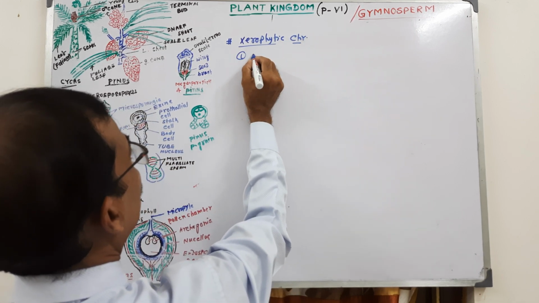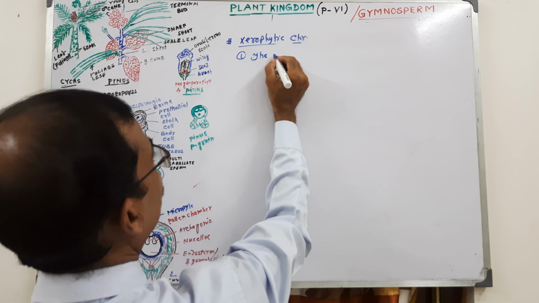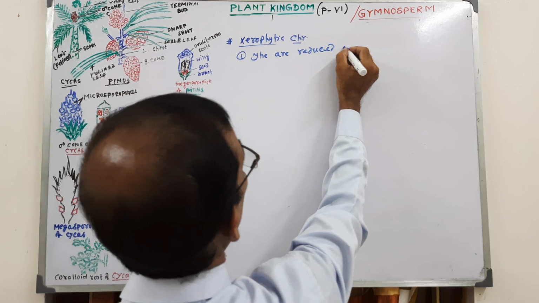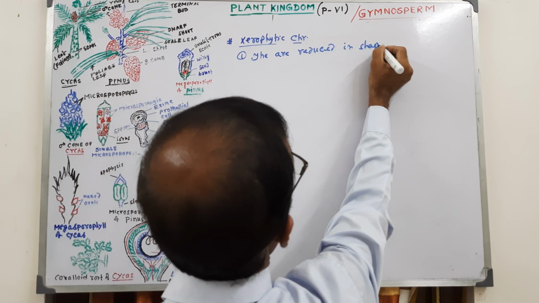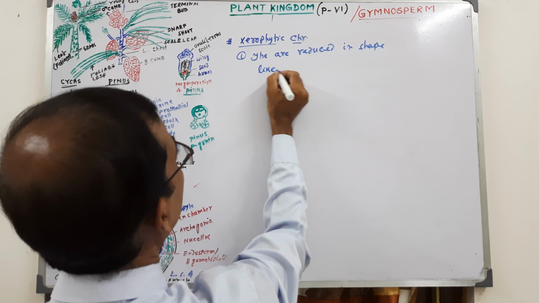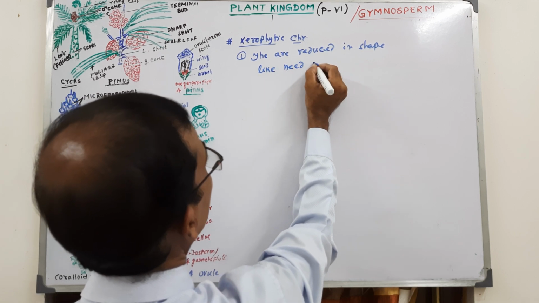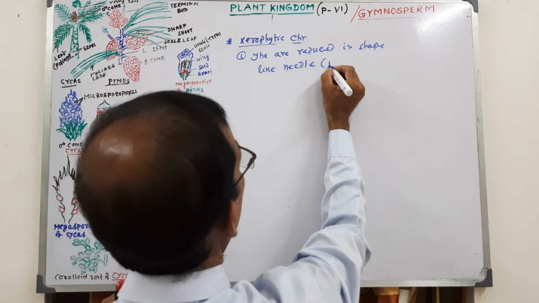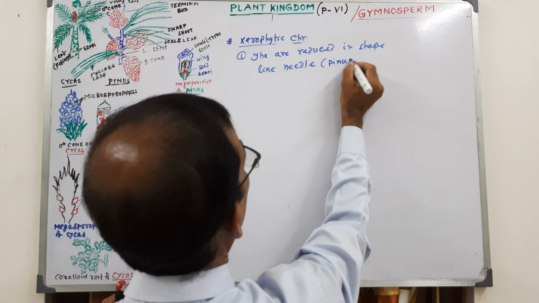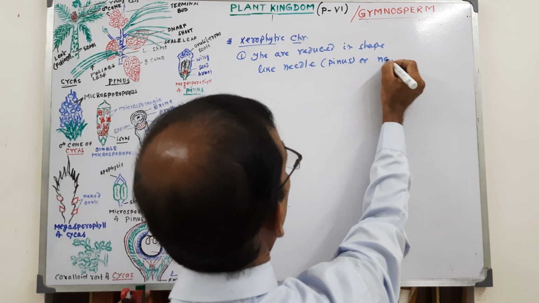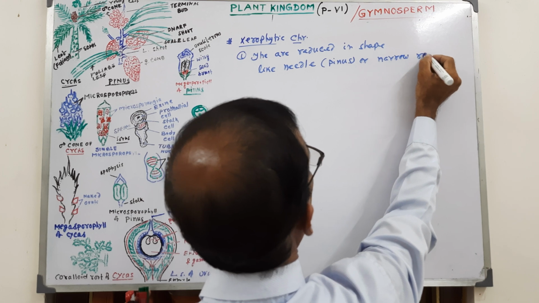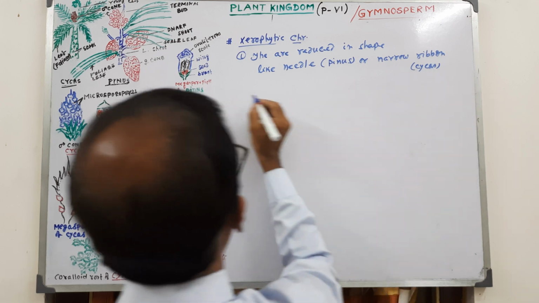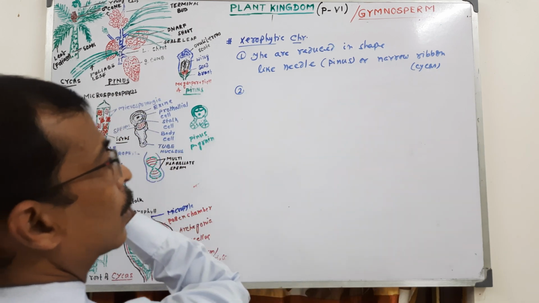Number 1, they are reduced in shape, like needle-like or acicular in case of Pinus, or narrow ribbon-like in Cycas. Number 2, to check respiration and transpiration.